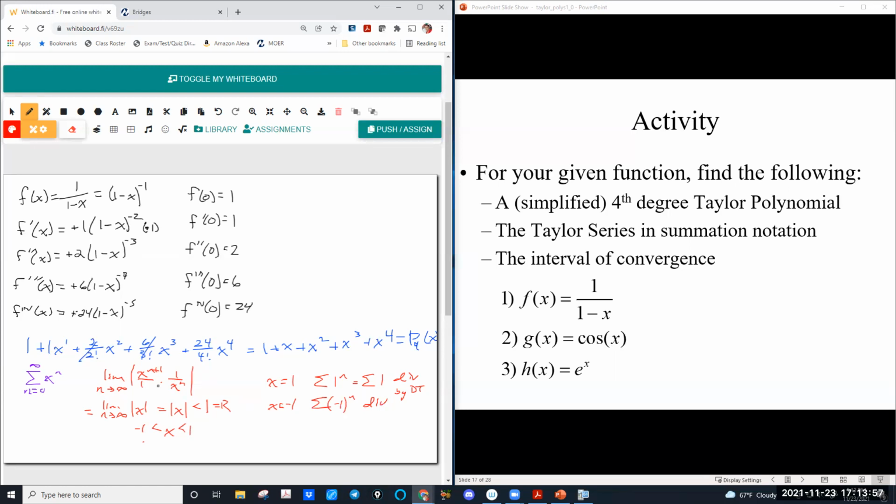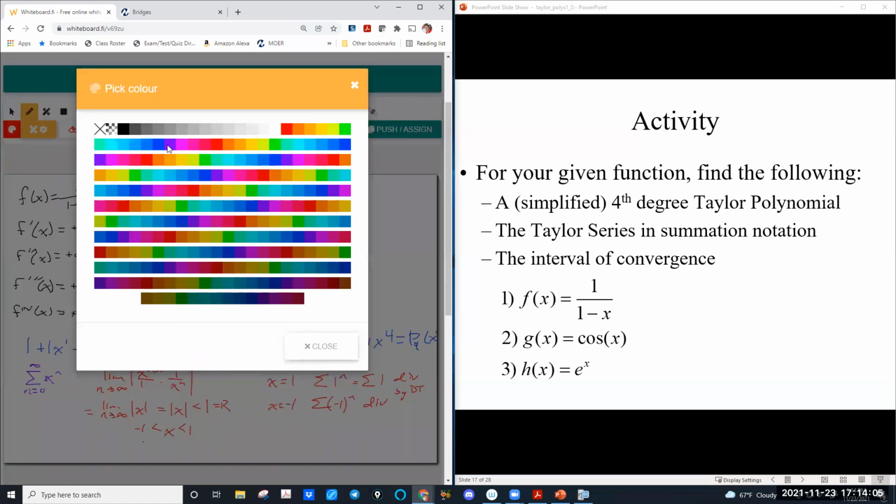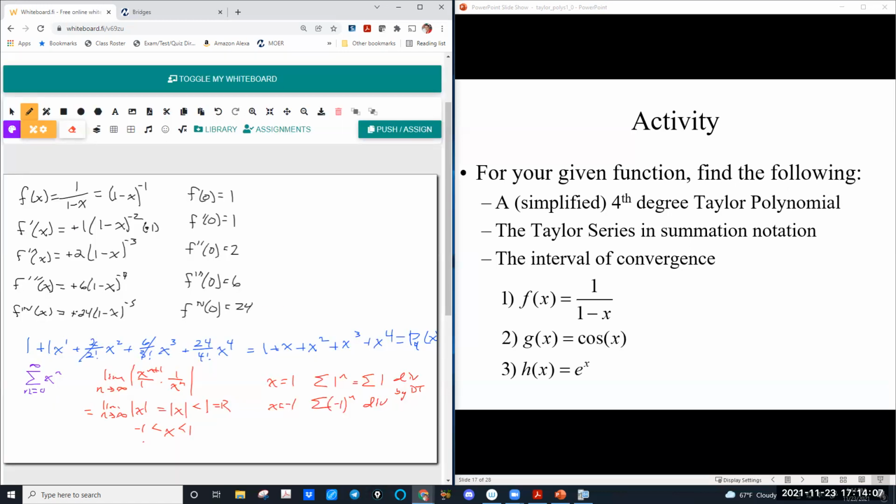Now, there's a couple reasons that I specifically picked this series. Number one, let's write this out so we can see what's going on. The series of x to the n, n equals 0 to infinity, is equal to 1 over 1 minus x.